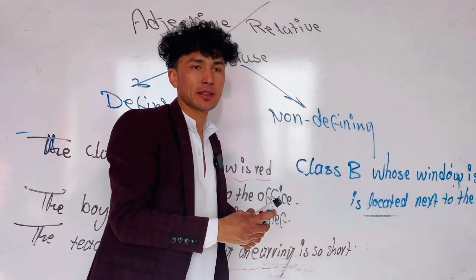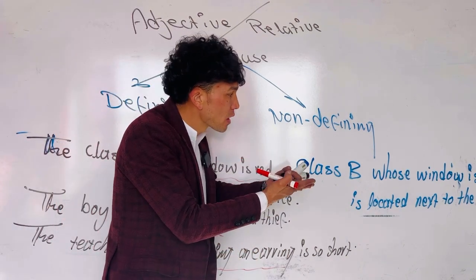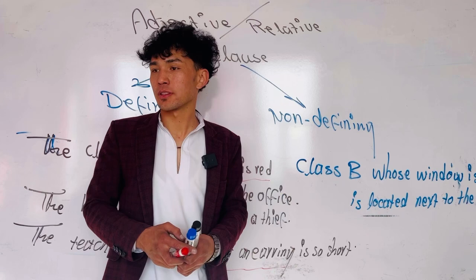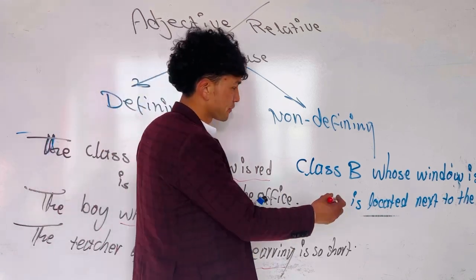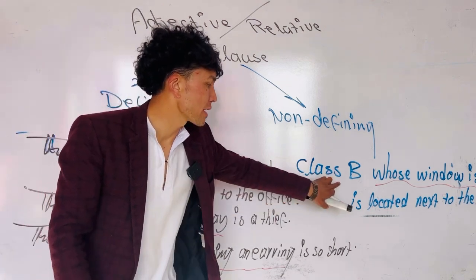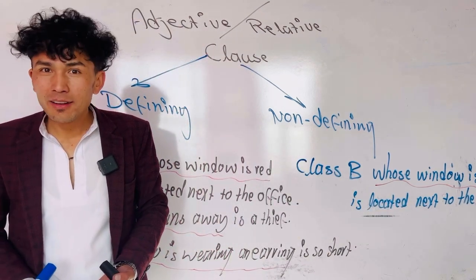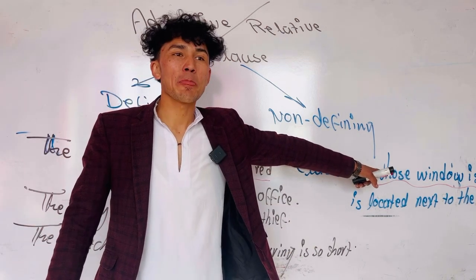Look at this sentence. Which part do you think is the adjective class? Whose window is red. Now, Class B is located next to the office. Is the information extra?